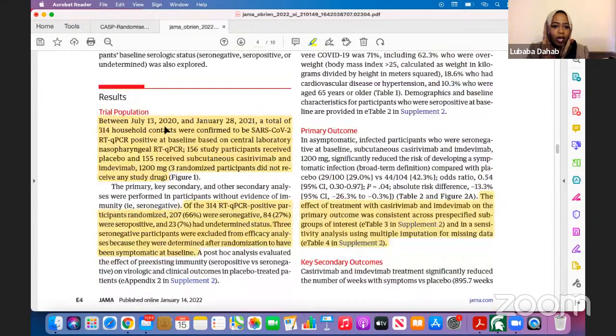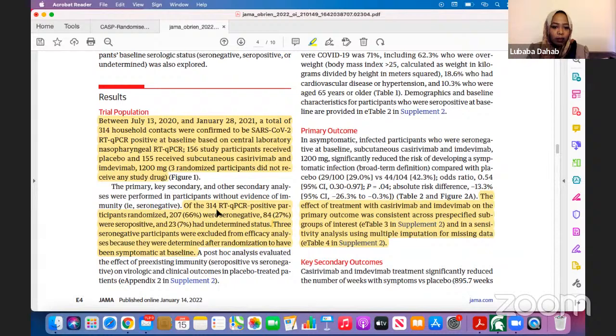Between July 13, 2020 and January 28, 2021, a total of 314 household contacts were confirmed positive at baseline based on central lab PCR test. 156 study participants received placebo, and 155 received subcutaneous casirivimab and imdevimab at 1200 milligrams, as I mentioned.